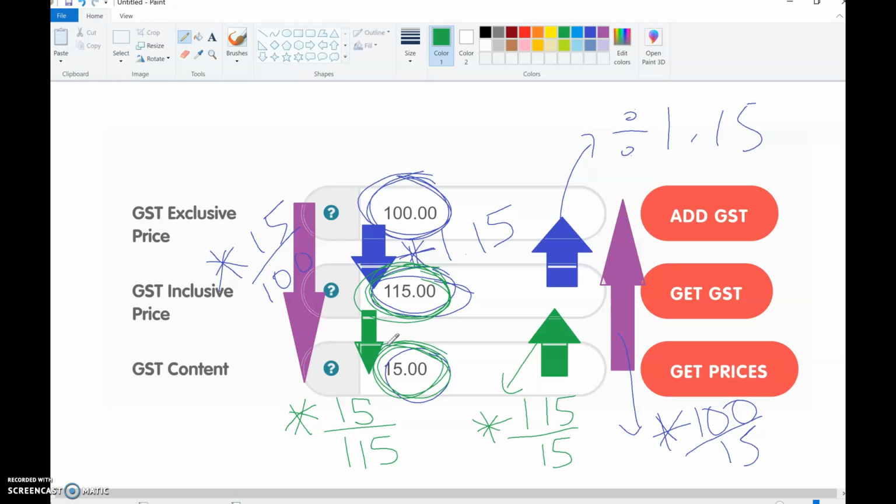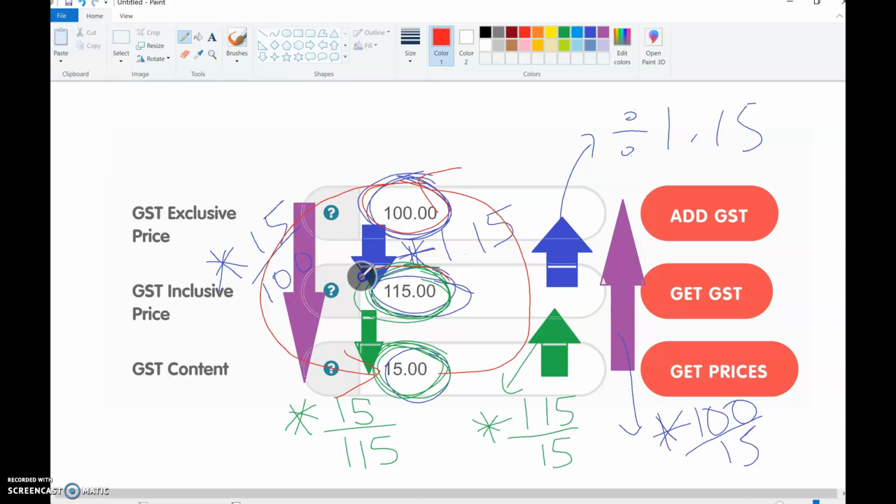So, what have we learned? To find the GST of a number, we simply times by 15 divided by 100. If we have the GST amount and we need to find the actual amount, we do the opposite. We times by 100 and divide by 15.